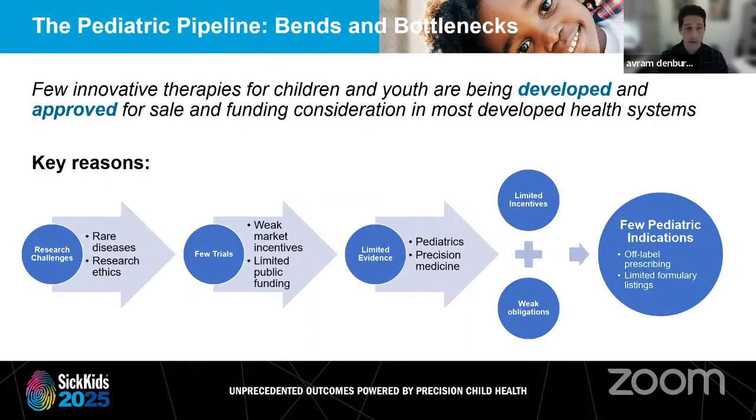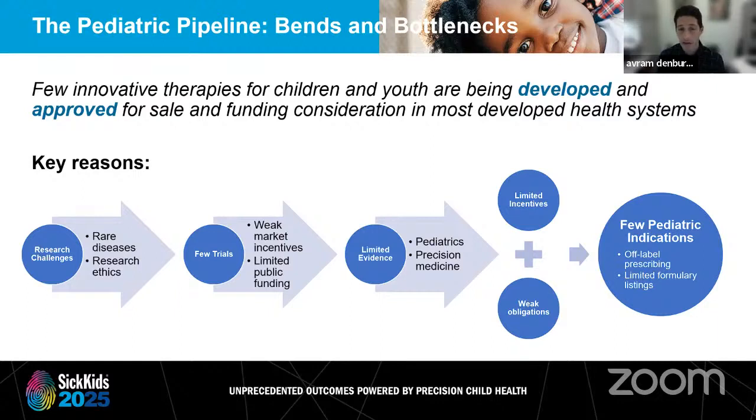That's thankfully changing. As I've alluded to, there are few trials in part because when many of these products are developed by industry, there aren't the strongest market incentives to do so because of the rarity of disease or the challenges with doing some of these trials. And there's often limited earmarked public funding for such trials in pediatrics.